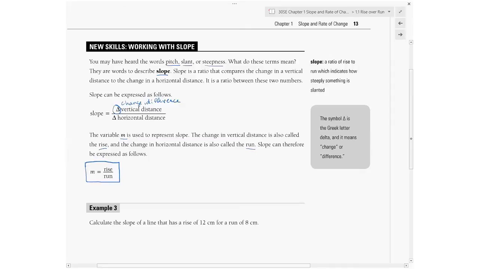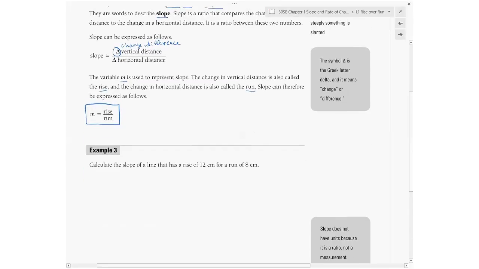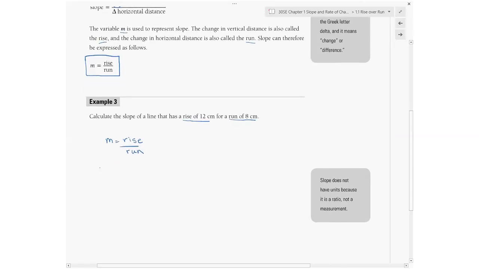So we're going to calculate the slope for a line that has a rise of 12 centimeters for a run of 8 centimeters. So the slope, or the m, is equal to the rise over the run. Well, m is equal to 12 over 8.